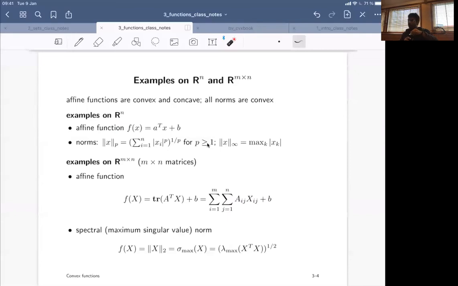Both, whether it is in Rn or R. So here you can make affine function in Rn or Rmn. Okay.